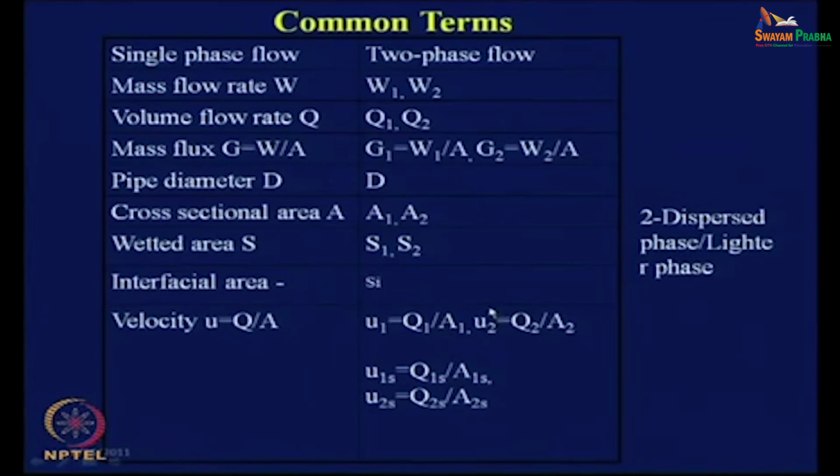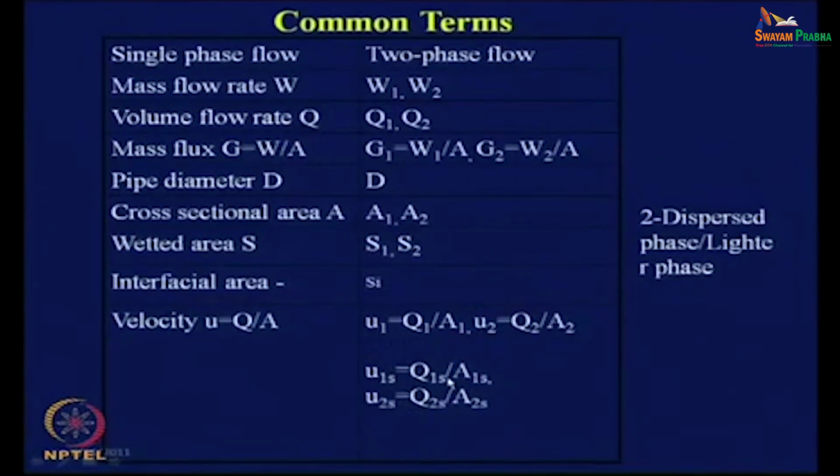Therefore, they can at most be related to the in situ composition. Because we are very much used to characterizing a fluid with its velocity, although we usually measure flow rates, we are very comfortable in mentioning the velocity of fluids, 1 meter per second. Hardly do we say it is 1 liter per minute, is it not?